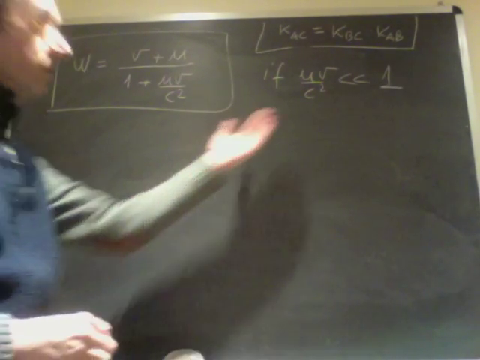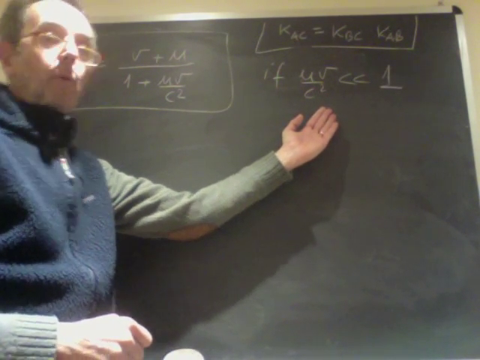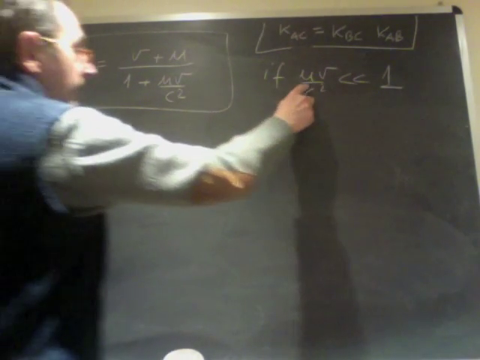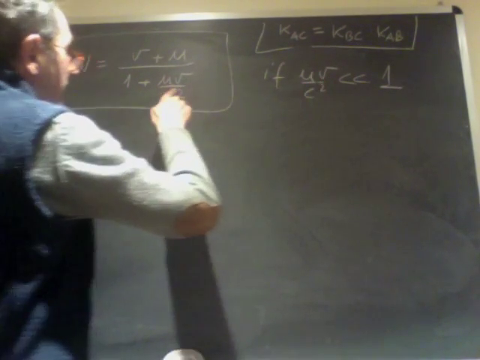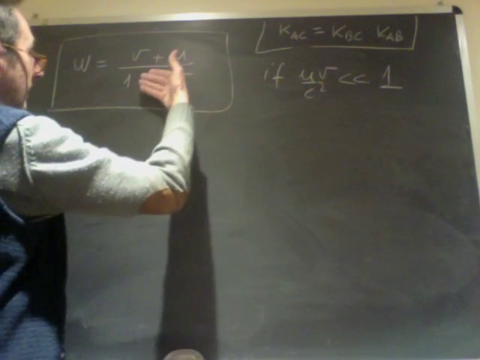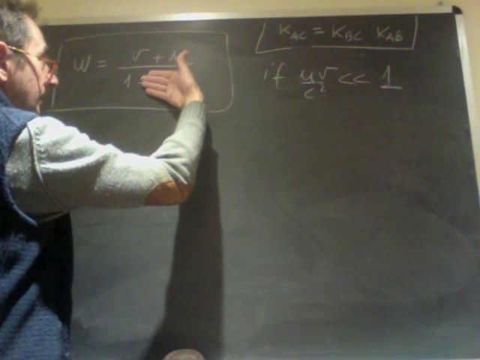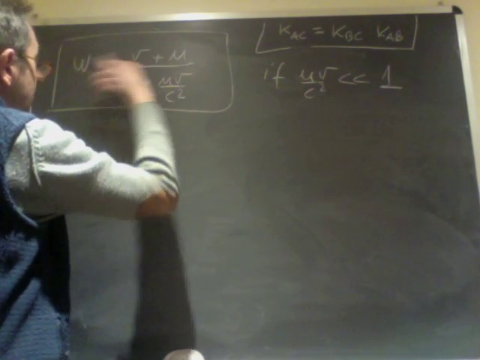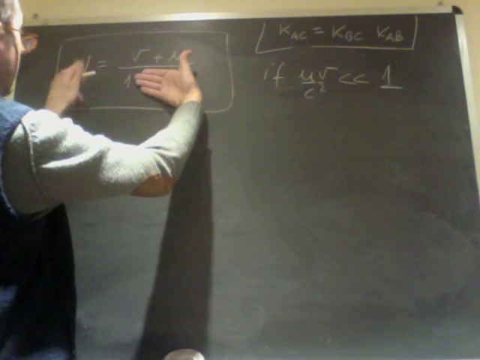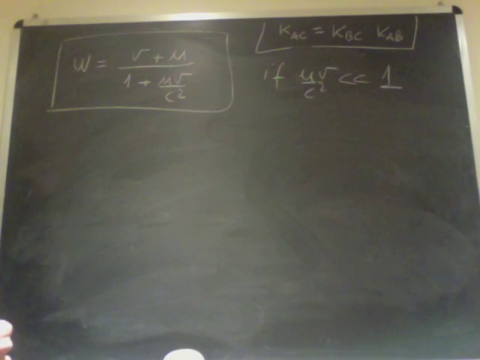We are in a classical situation, and so this term is much smaller than 1, and we can neglect it. The result is that W is equal to V plus U, the Newtonian formula.